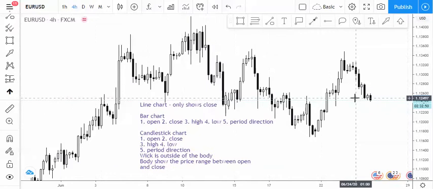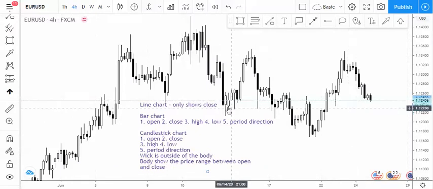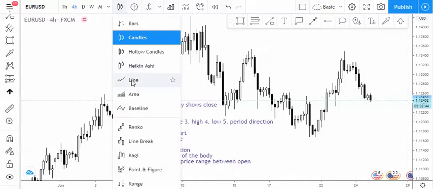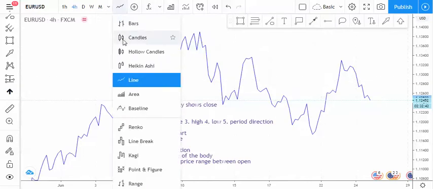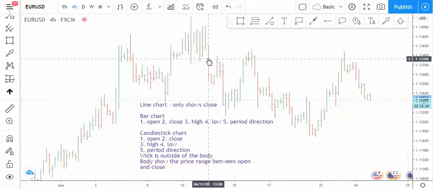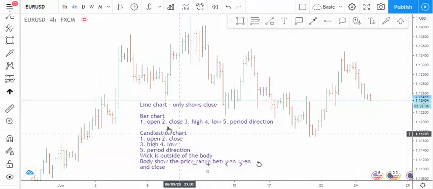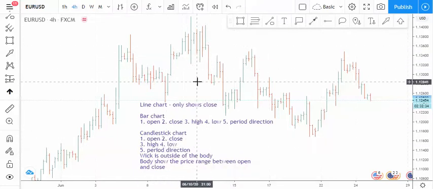Very straightforward. So again, to review, you can go with a line chart, which just gives you a straight line. You could go to the bar chart, which gives you everything that the candlestick gives you, but it doesn't have a body between the open and close, so it takes a moment to look at where the open was and where the close was.